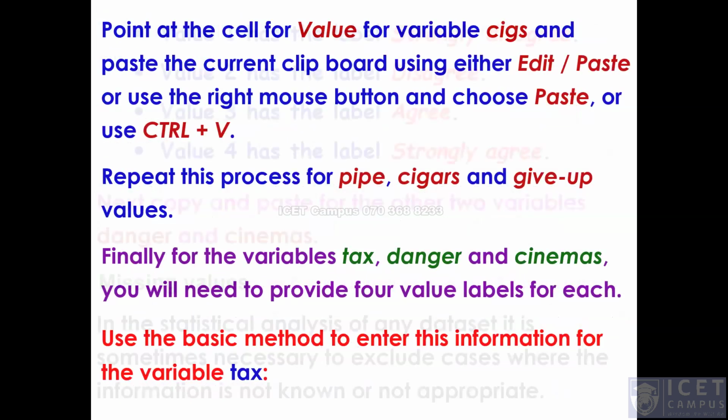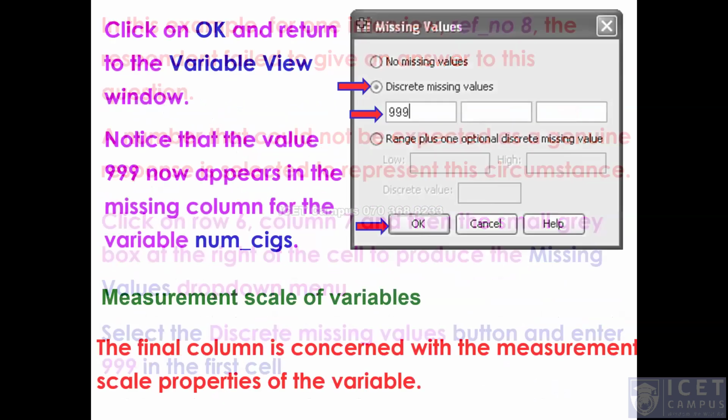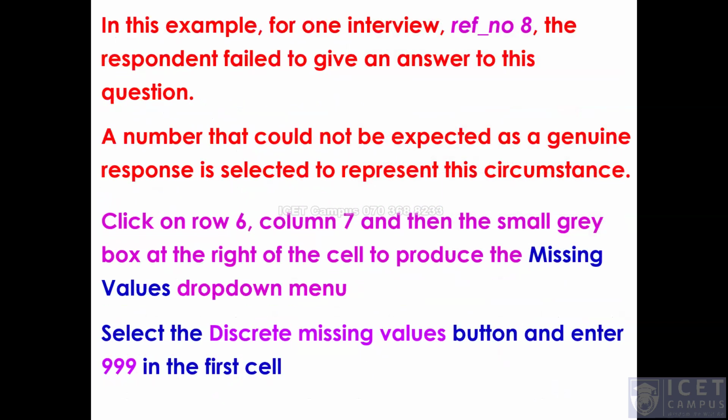How to add. One for strongly disagree. Yes. The other thing is missing values. Right, missing values. Select the discrete missing values. Click on the row number 6, column 7. Small gray box on the right of the cell produces missing values, a drop down box.